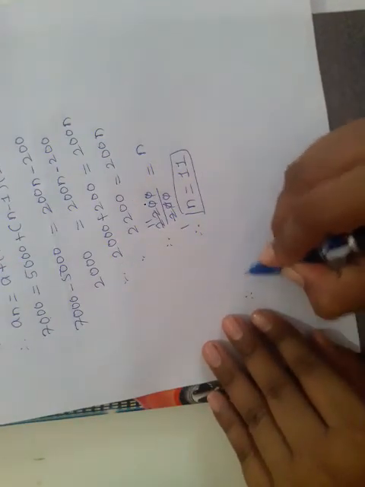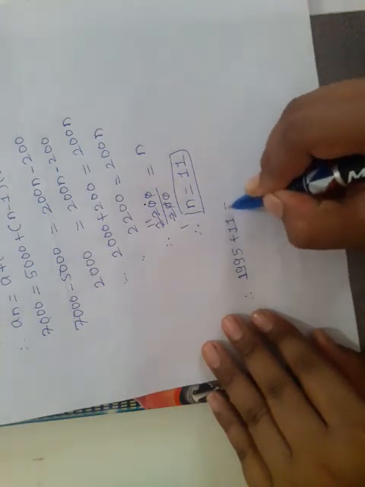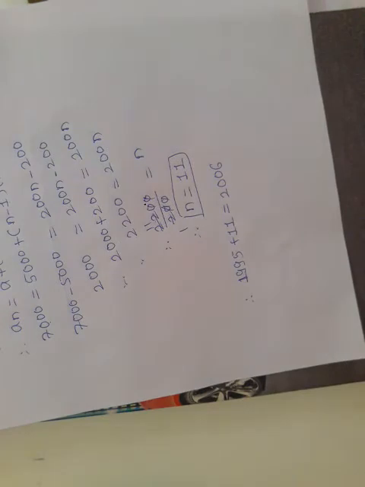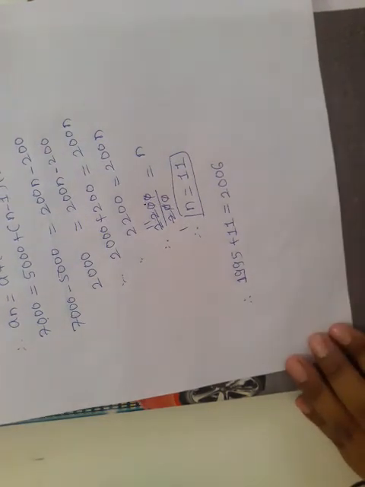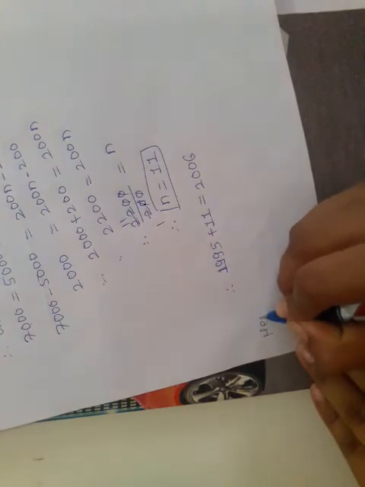So write down, therefore 1995 plus 11 is equal to 2006. 1995 plus 11 is equal to 2006, and hence his income becomes rupees 7,000 in the 11th year. So write down the answer.